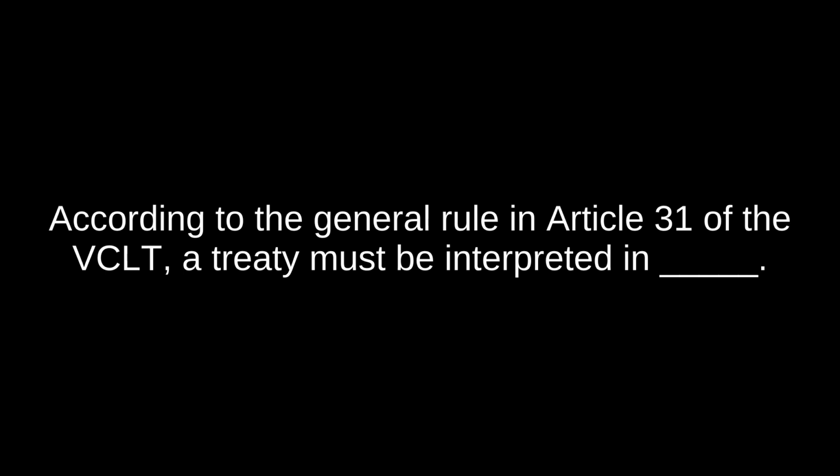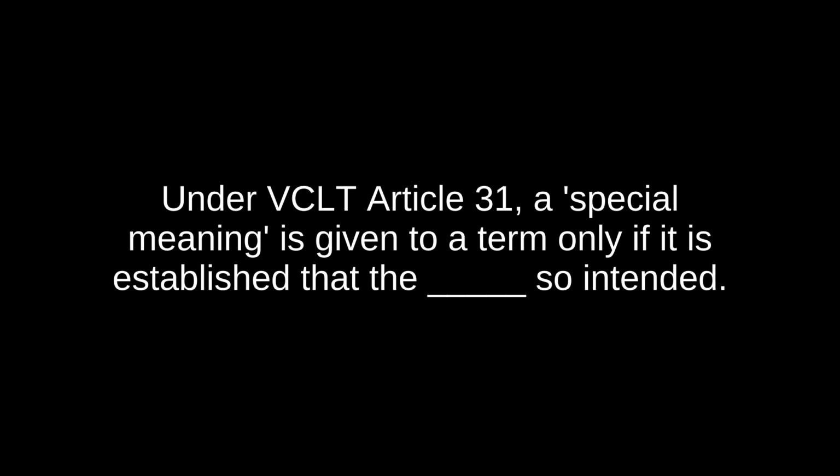According to the general rule in Article 31 of the VCLT, a treaty must be interpreted in good faith. Under VCLT Article 31, a special meaning is given to a term only if it is established that the parties so intended.